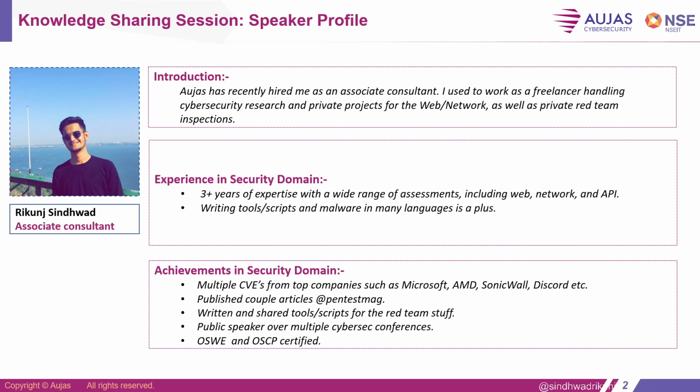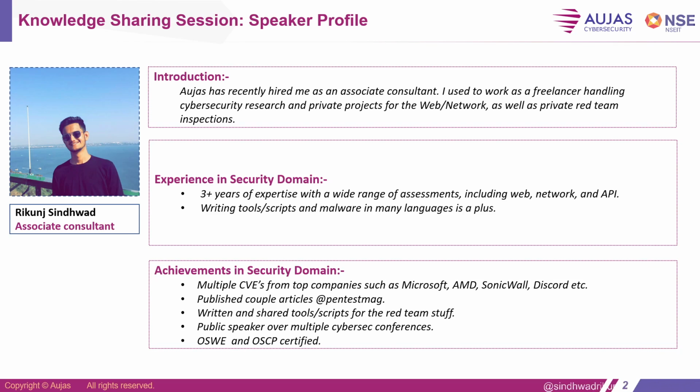Okay, so a quick introduction about me. Ojo's recently hired me as an associate consultant. I'm working on one of the projects with the bank and leading one of the projects as well. Also, I have quite vast experience as a freelancer doing multiple projects related to web, network, and API. I did a couple of red teaming assessments as well, in which I managed to compromise the domain and more.